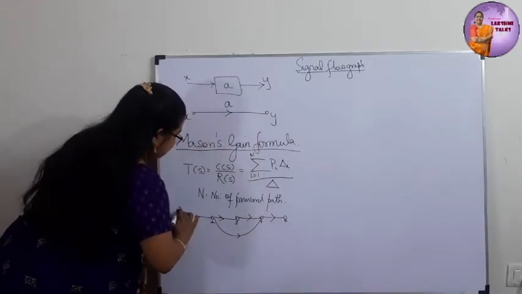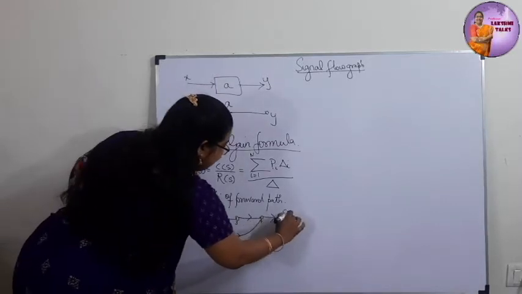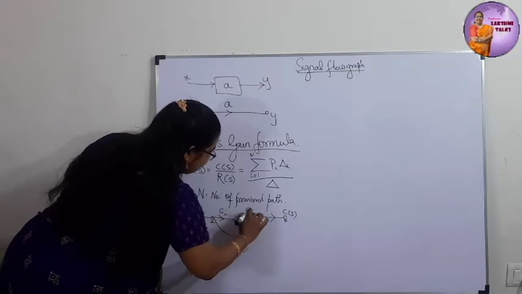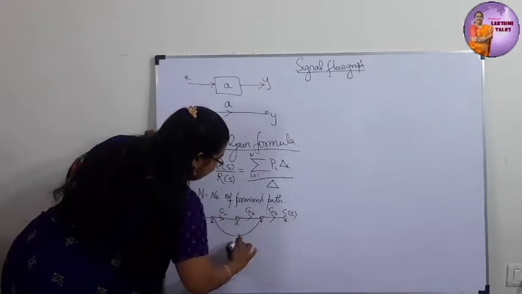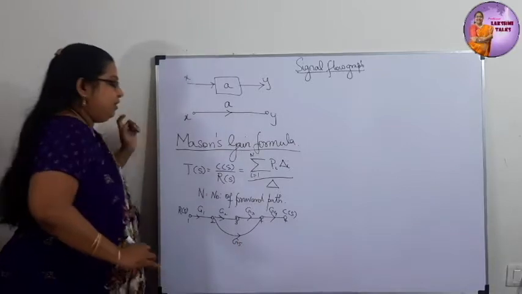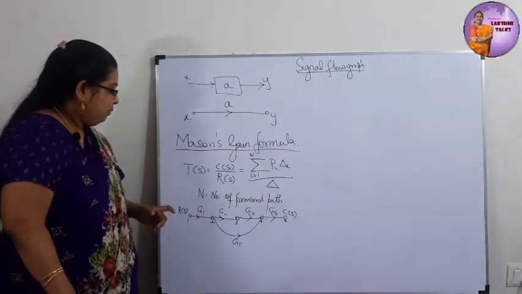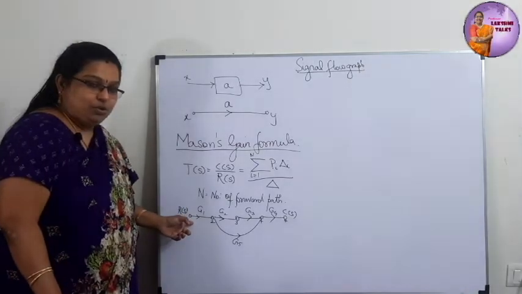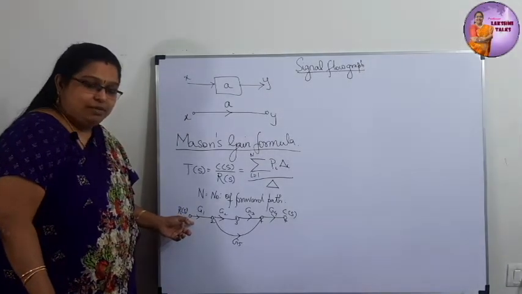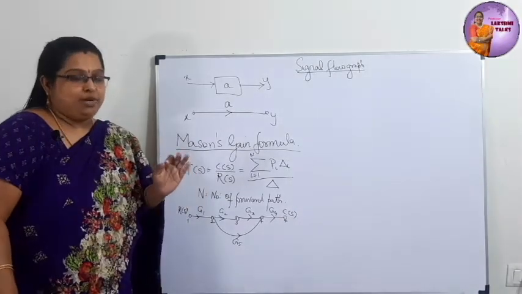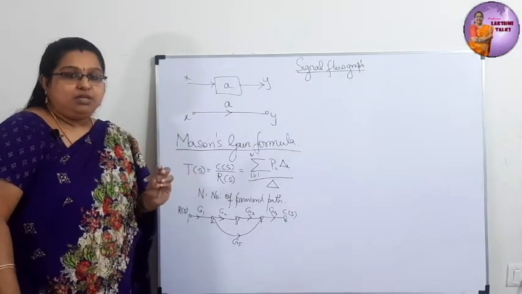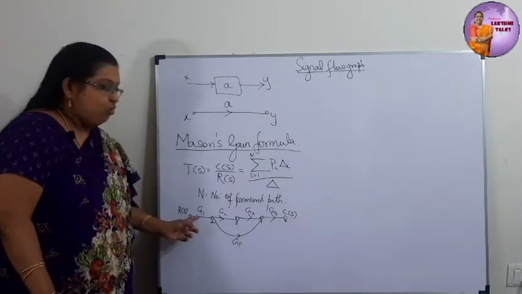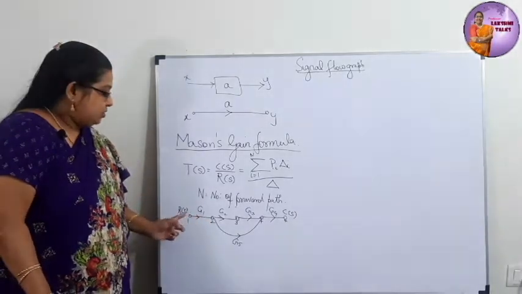Let us say this is R of S and this is C of S. This is G1, G2, G3, G4 and this is G5. So how many forward paths are there? The starting node is the input node, which is a node that has only outgoing branches. See, this node has only outgoing branches, so this is called the input node.